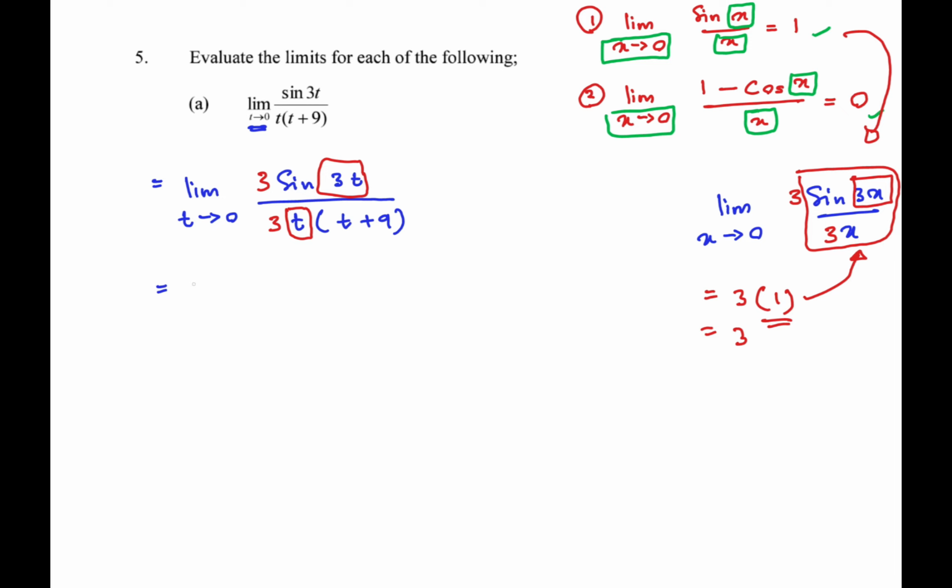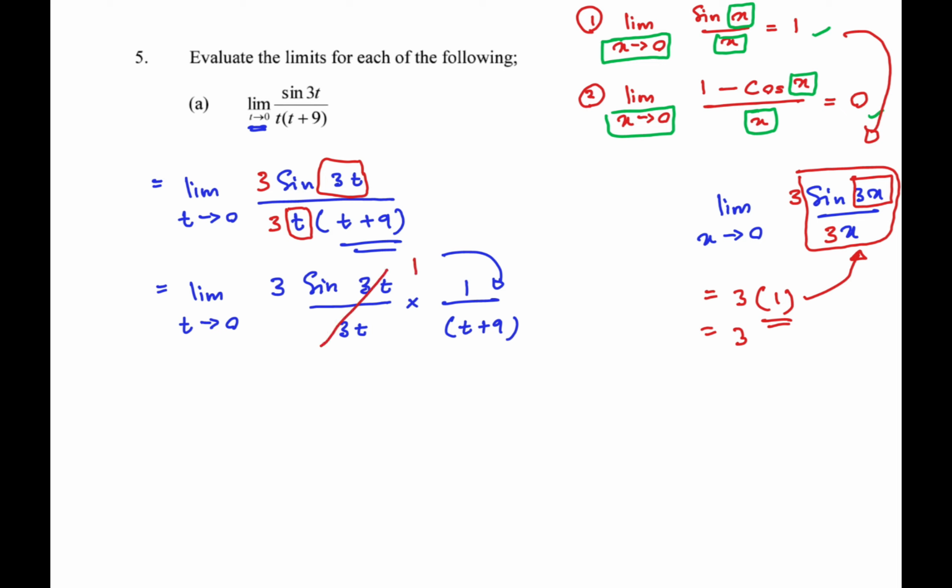So we can write limit as t approaches 0 of 3 sine 3t divided by 3t, times 1 over (t plus 9). This part equals 1 by using the first theorem of trigonometric limits, and in this part you can substitute 0, so it becomes 0.